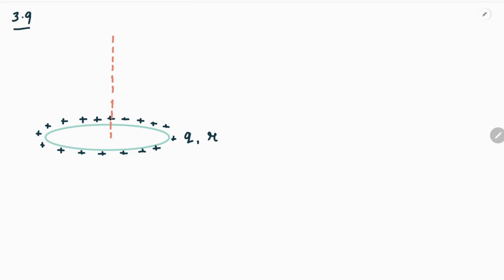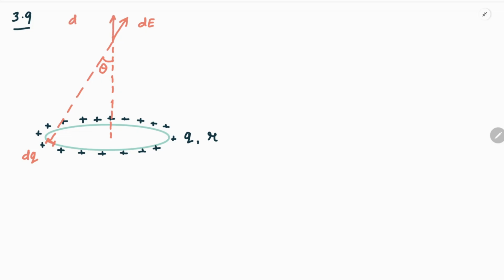So if we select an elemental charge over here, which is a small elemental charge which we consider as dq, then this dq is going to create an electric field at this point, which will be in the outward direction like this. So over here, which we are referring to as dE, a small electric field dE, and this angle is theta.